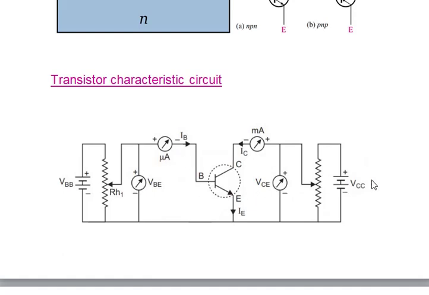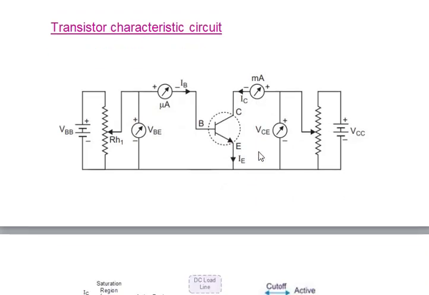The collector is always connected in reverse bias. It is connected by the voltage source, the collector voltage biasing source VCC, and the voltage applied to the collector and emitter is adjusted using this rheostat. The voltage between collector and emitter is measured using VCE, and the current applied to the collector is measured using IC.